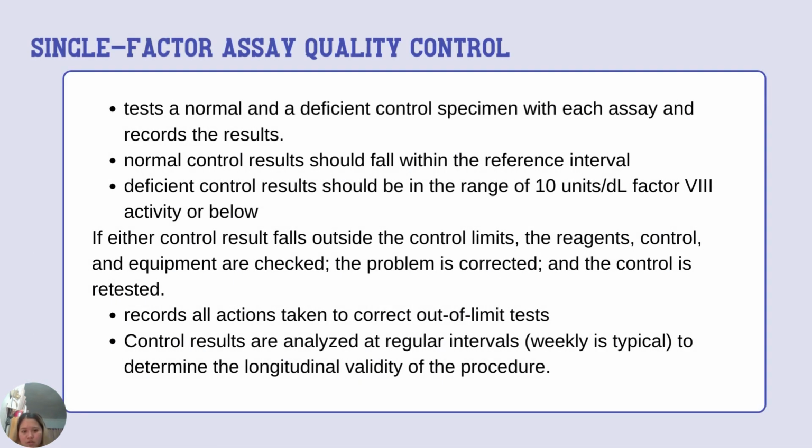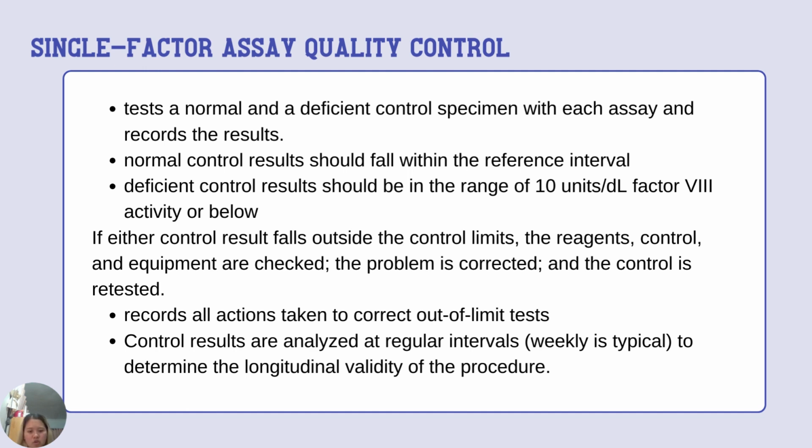For single-factor assay quality control, test a normal and deficient control specimen with each assay and record the results. Normal control results should fall within the reference interval. Deficient control results should be in the range of 10 units per dl factor VIII activity or below.